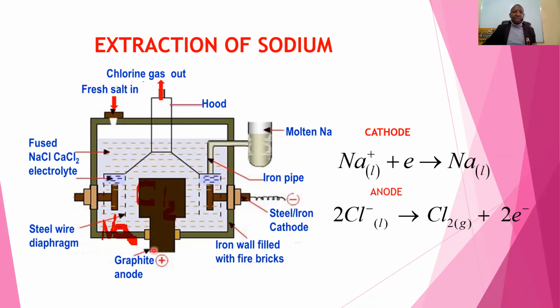But the anode must be made up of what? Of graphite, because graphite is inert and does not react with chlorine even at that high temperature. And as you can see, the entire chemistry of extraction of sodium is in this particular diagram.